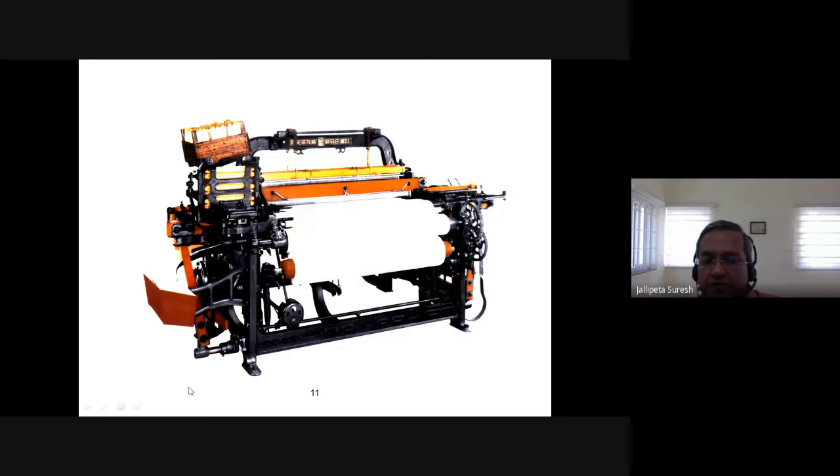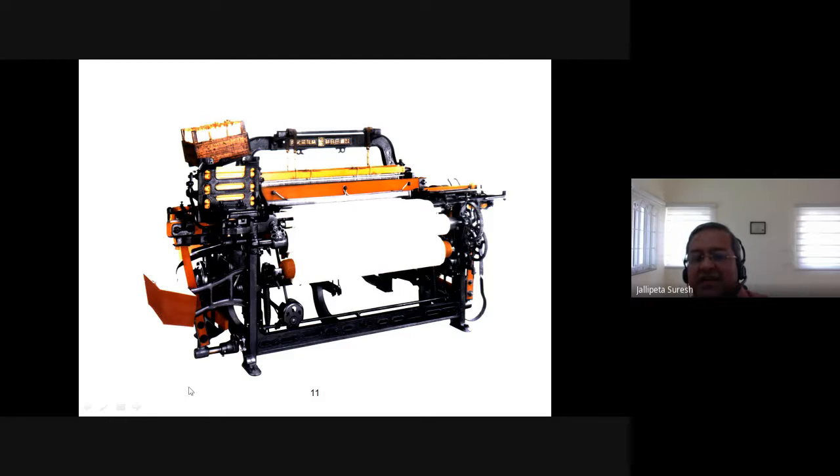In order to do that, the machine had to be slowed down or stopped to replenish the threads. So this inventor came up with a solution wherein, even without altering the speed or stopping the machine, thread could be replenished automatically into the weaving machine.